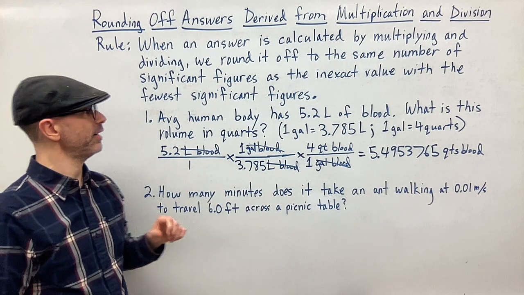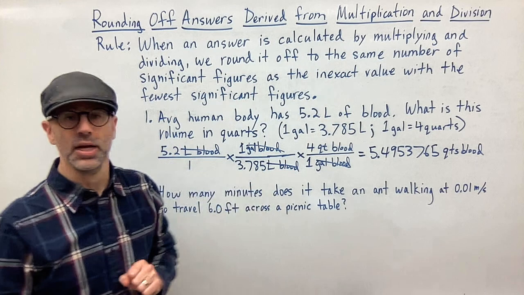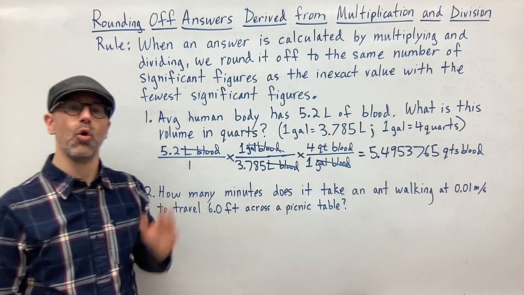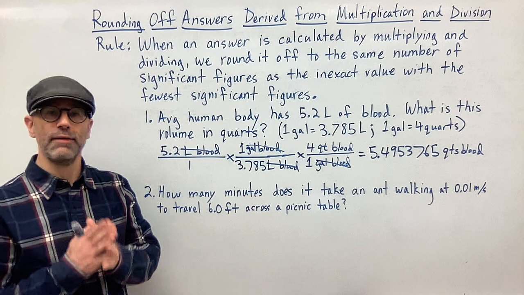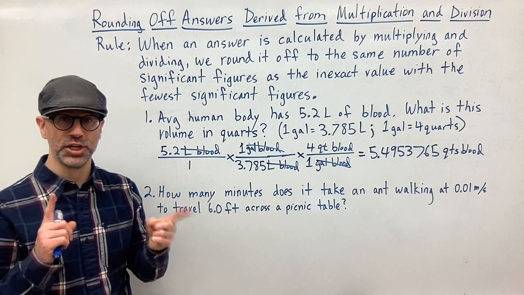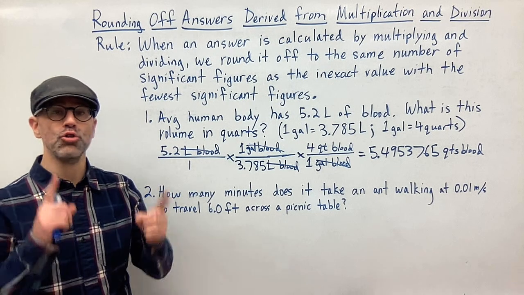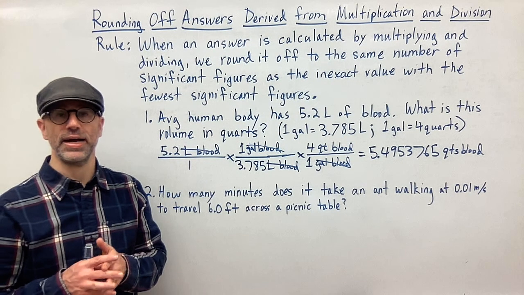And the key word here is inexact value. That means we ignore anything that is exact. Whenever we have a conversion between 2 metric units or 2 English units, those are exact because they're true by definition.